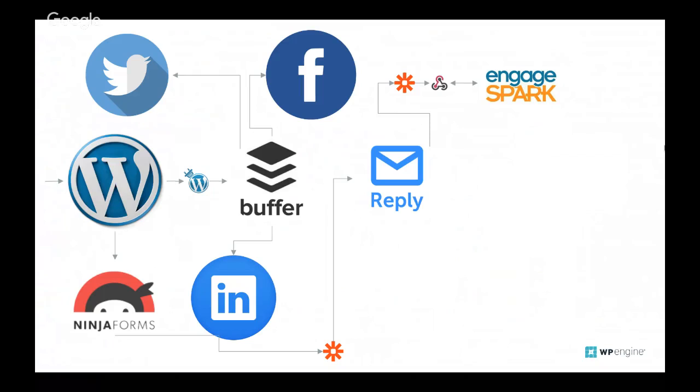From there, we can go into some really fun stuff. We can use things like Reply.io to automate replies out. And then we can even do something really off the cuff. We can use some webhooks and integrations to go to something like Engage Spark, which can send out an SMS. So somebody goes to your form, your landing page, puts in some data. Let's say we capture a phone number.